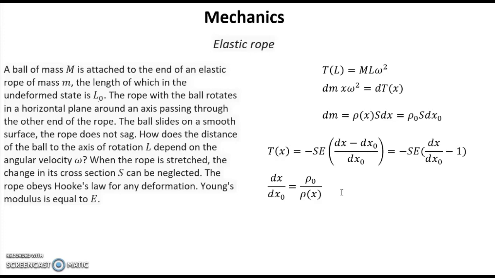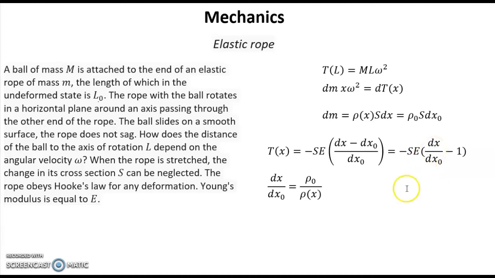Now we can use all these expressions to find how rho depends on x. For dm we have this expression, and we can put it in this equation. We also have tension, and we can compute dT when we insert this expression here.